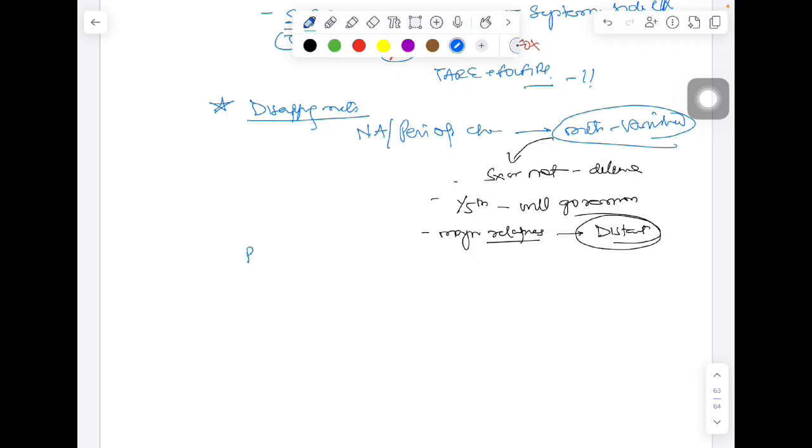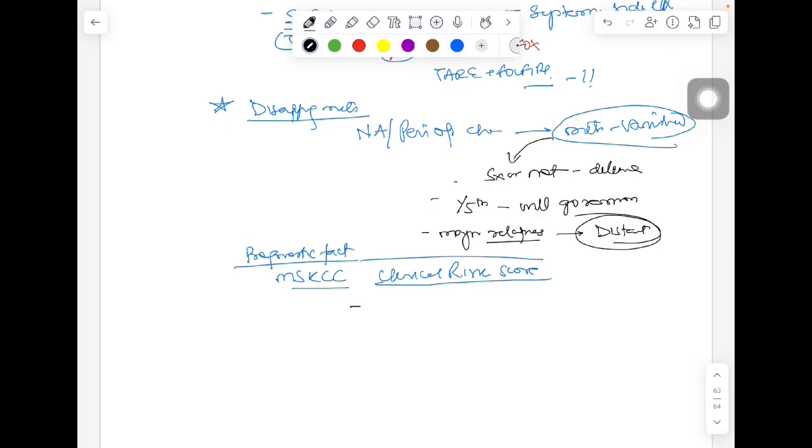Now, prognostic factor. MSKCC made a prognostic factor, that is the clinical risk score, although the relevance of this risk score is not there now because of the advancement in therapy.